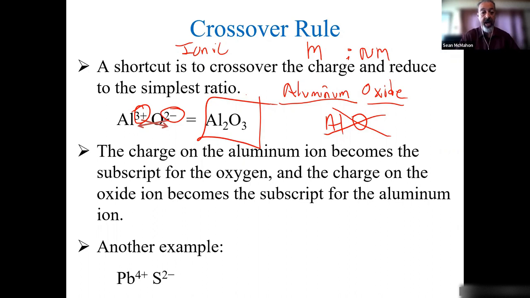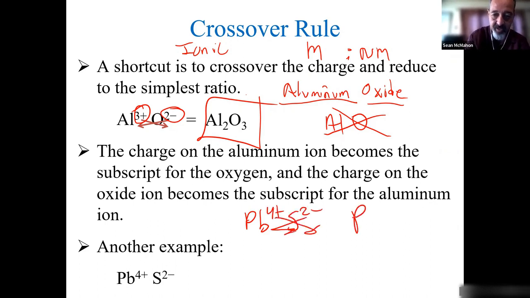Try that. Does anyone know the name of that? Well, let's first figure out what are we going to do? Are we going to go crisscross? All right, we do this crisscross, boom, boom. Now here's a tricky thing. Oh, I forgot the plumbum. Sorry, let me get that up in here.